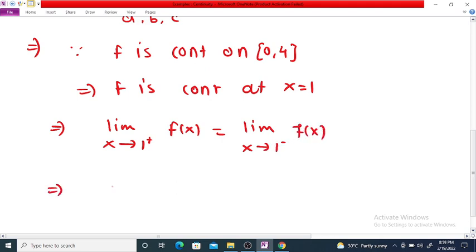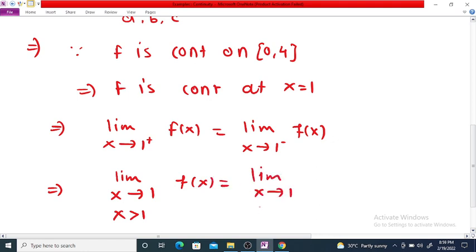So this implies limit x tends to 1 with x greater than 1 of f of x is equal to limit x tends to 1 with x less than 1 of f of x.